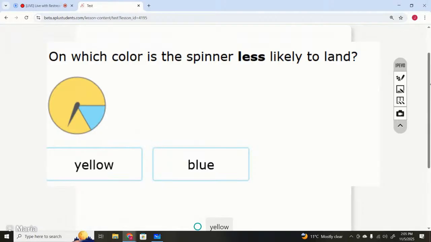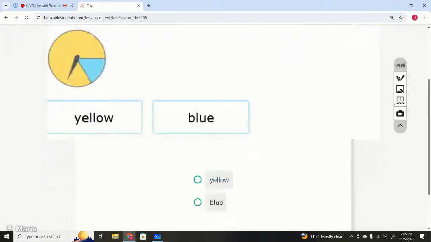Most of the spinner is yellow, right? The less portion is blue. So that means it will be less likely to land on blue. The one that has the smaller portion is less likely to land. So the correct option is blue.